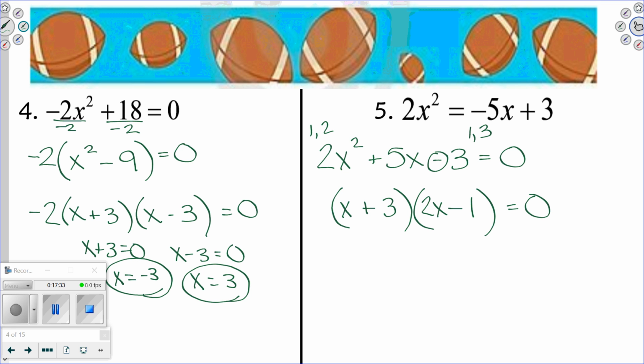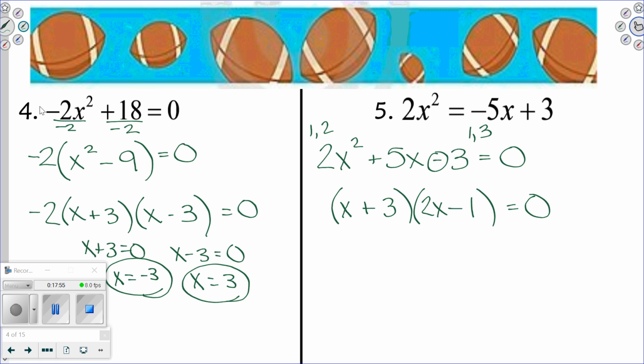Definitely check. I get 6x minus 1x. Did that give me a positive 5x? So that one works. Remember, if my signs are backwards, I could have just flip-flopped the plus and the minus, right? All right, so I know it factored well.